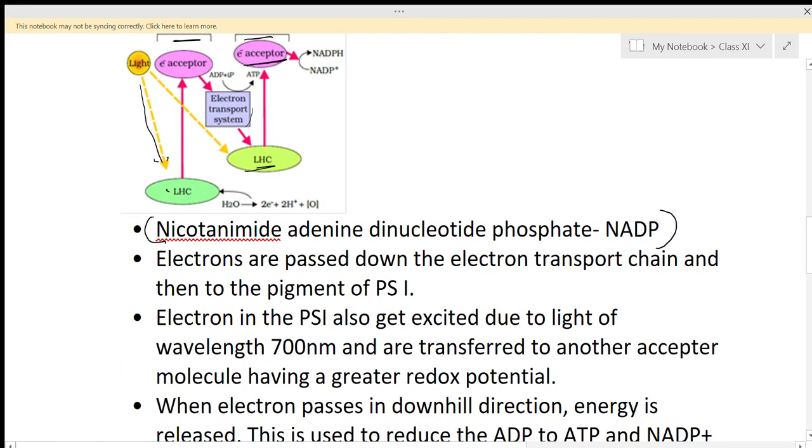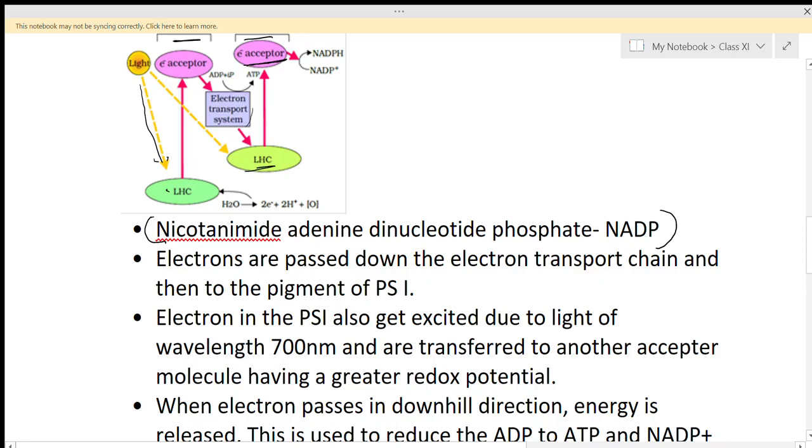At what condition? Electrons are transferred to photosystem 1, and this photosystem 1 absorbs the light energy, that is a wavelength of 700 nm. So these electrons become excited.